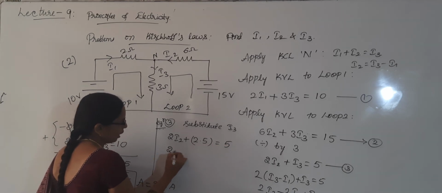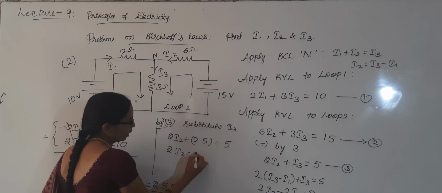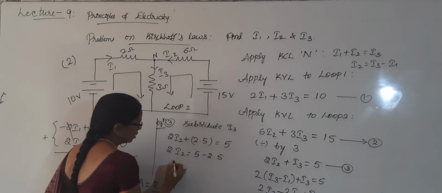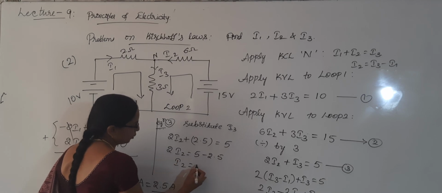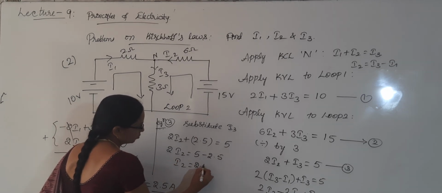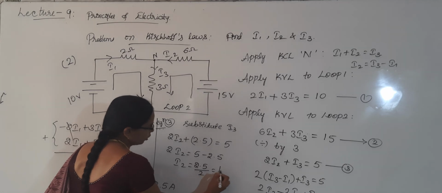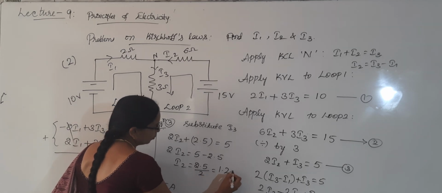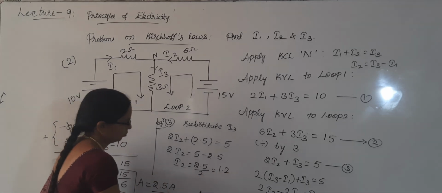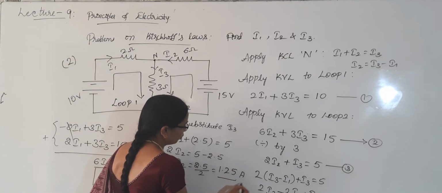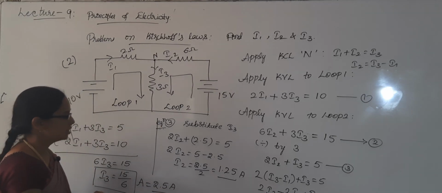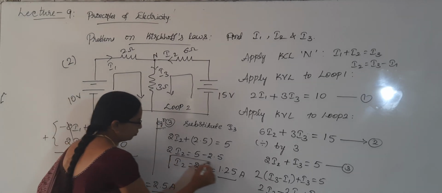So 2I2 is equal to 5 minus 2.5. I2 is equal to 2.5 divided by 2, that is equal to 1.25 amperes is the value of I2.